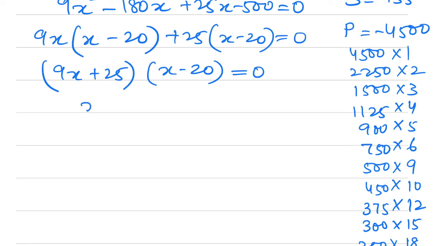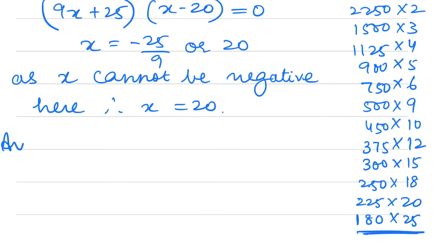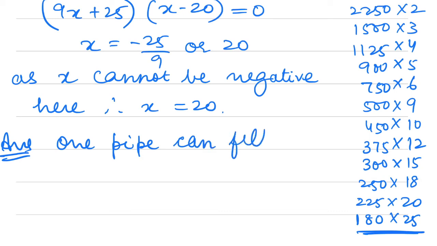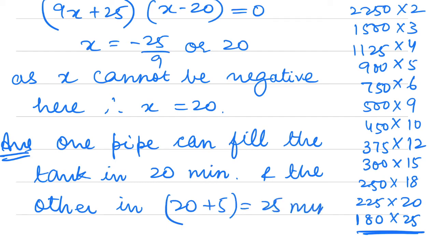So x is equal to minus 25 by 9, or 20, as x cannot be negative here. Therefore, x is equal to 20. So, answer: one pipe can fill the tank in 20 minutes and the other in 5 minutes more. So 20 plus 5, 25 minutes.